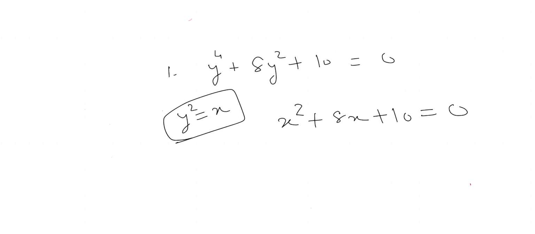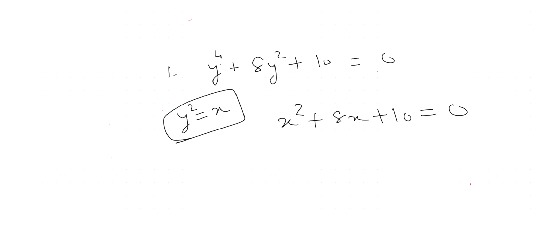If you look at y to the power 4 plus 8y square plus 10 is equal to 0, this is not a quadratic. But if you substitute y square is equal to x, then y to the power 4 will be x square, so you get x square plus 8 into x plus 10 is equal to 0.